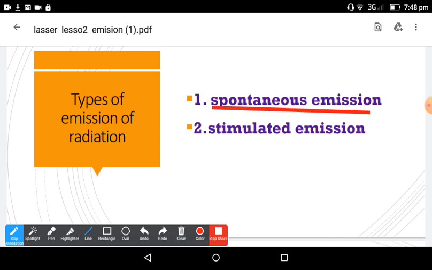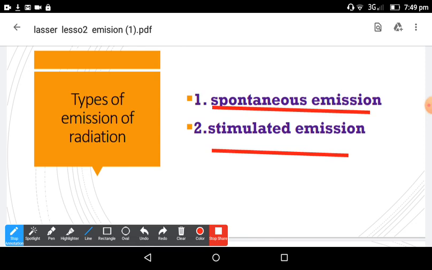They release the radiation. The second one is stimulated emission of radiation. It means the atom is stimulated, provoked, by an external photon. I said photon is the radiation particle. The energy of the photon is absorbed by the atom and it releases the emission. This is called stimulated emission.